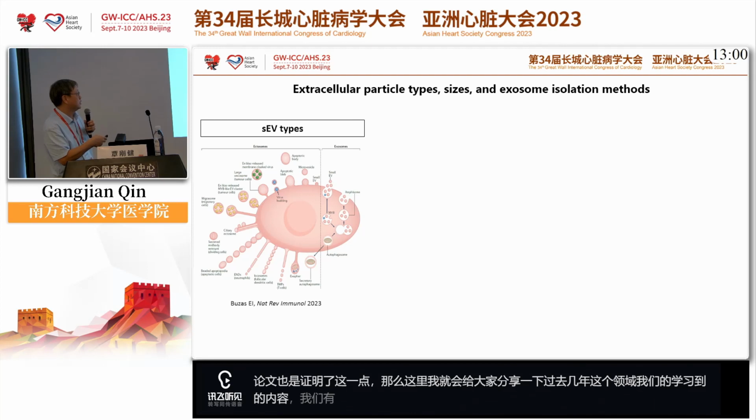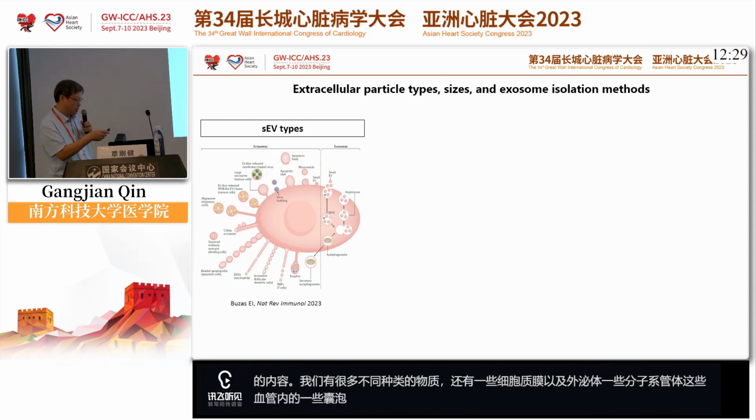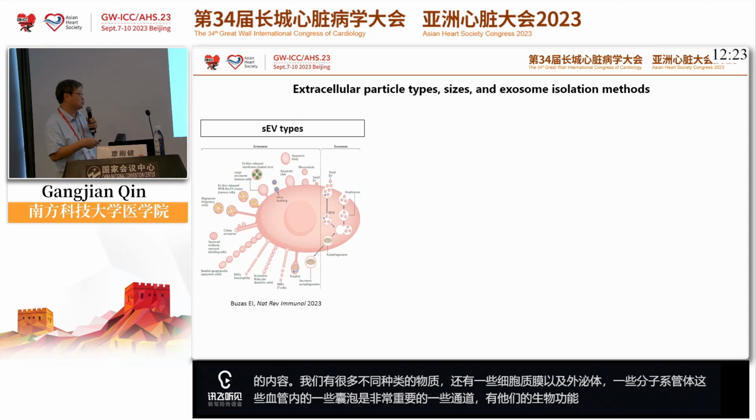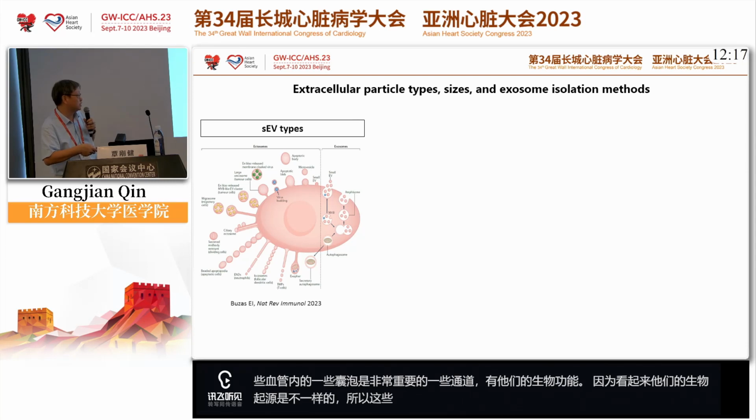Some bud directly through the cytoplasmic membrane, and the ones called exosomes are generated through the endosome and multivesicular body, which then fuse and release these intraluminal vesicles. They seem to be particularly unique in their biogenesis pathway and perhaps in their biological function, because the biogenesis is different, so it seems to reflect the biological activities or the functional states of the cells.